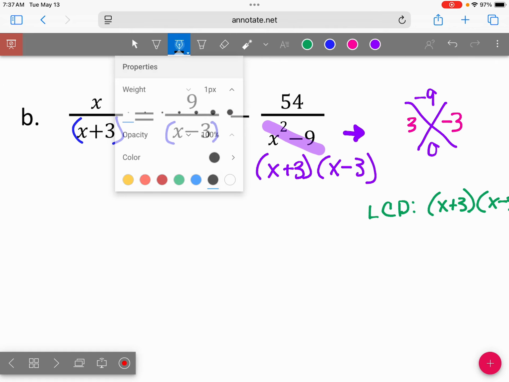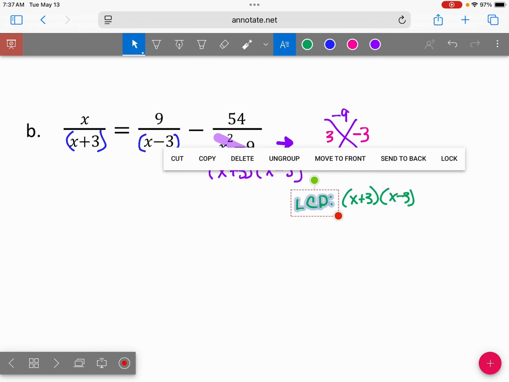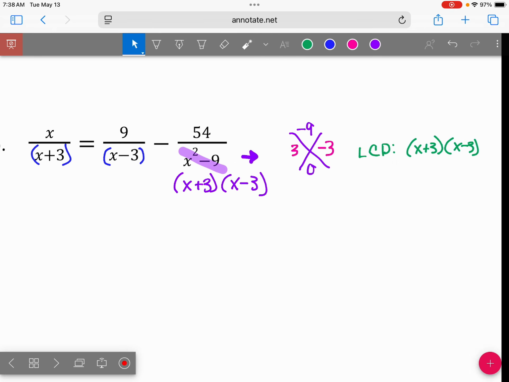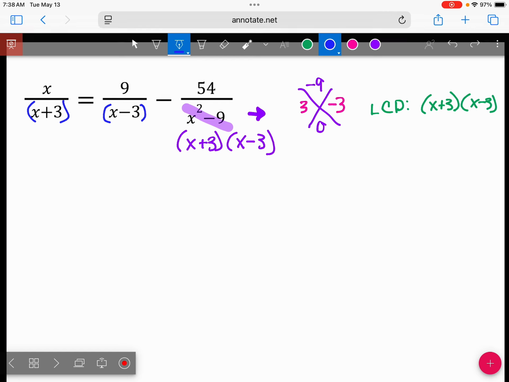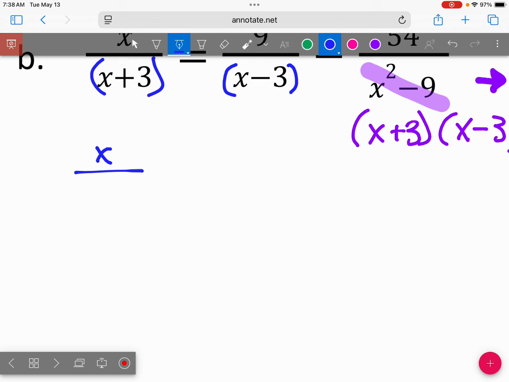I'm just moving this up over here because I'm going to run out of space if I don't take advantage of that space to the side. So what I'm going to do is take all of our fractions here and multiply by our least common denominator. So I'm going to have my x over x plus 3 that we're going to multiply by the x plus 3, x minus 3.